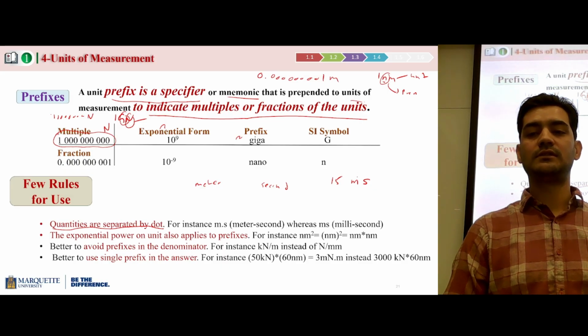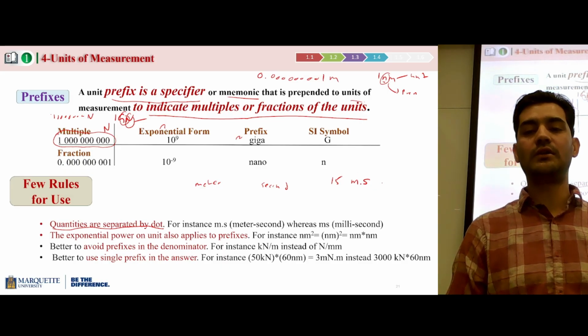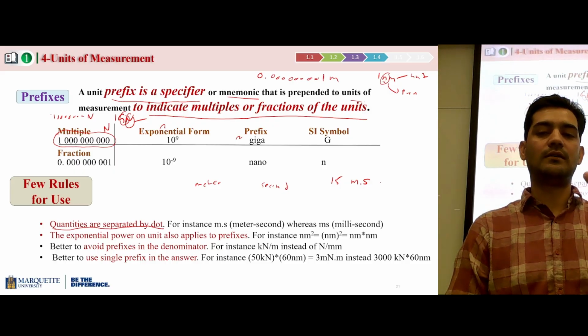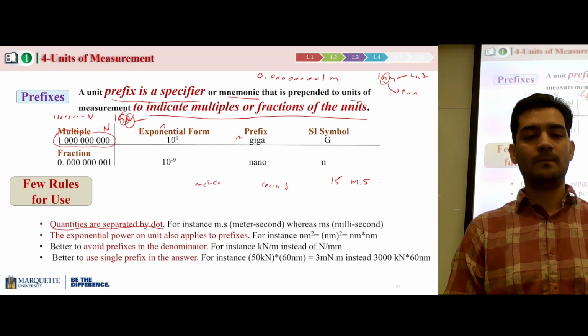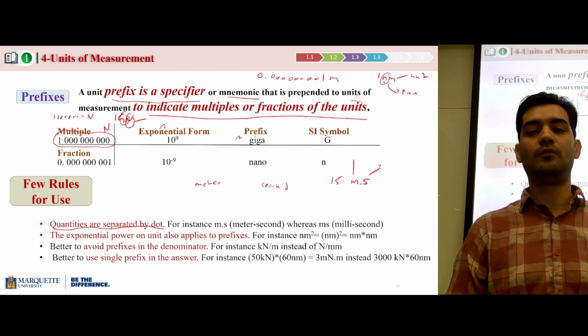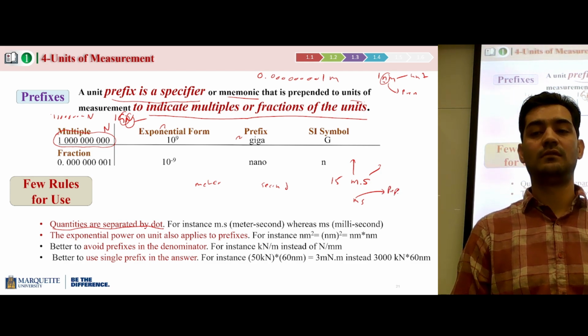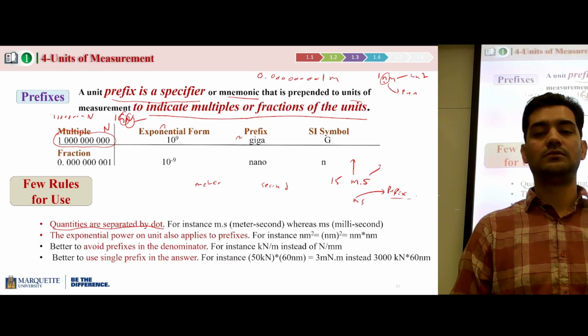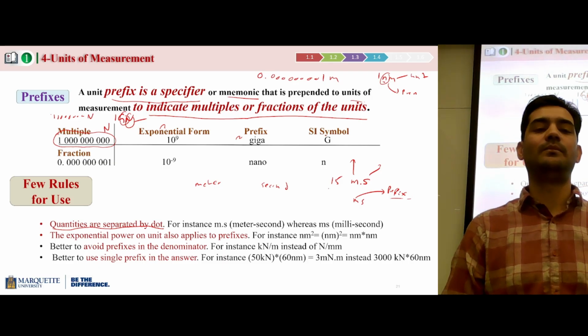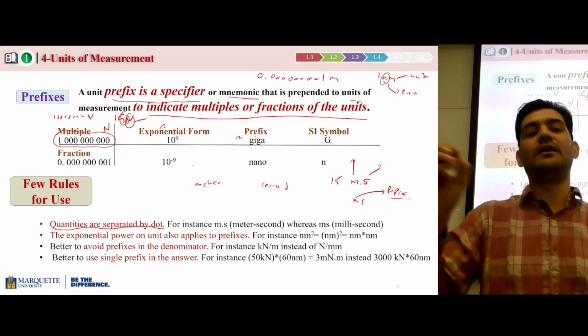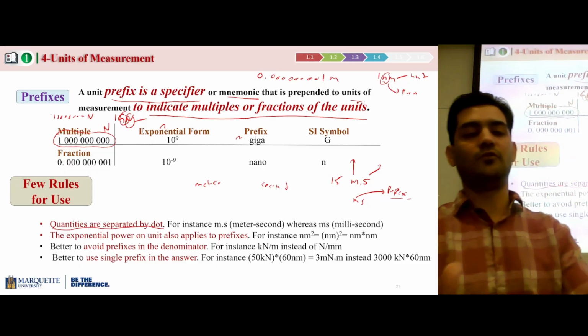You would put a dot in between so that the reader can know both of these are actually units. But if you do not put a dot, it would indicate that this is maybe a prefix. People try to separate the prefix and units, but some people follow this, some people don't.